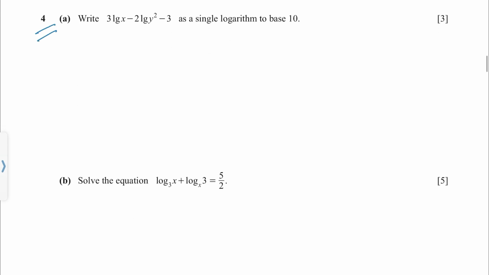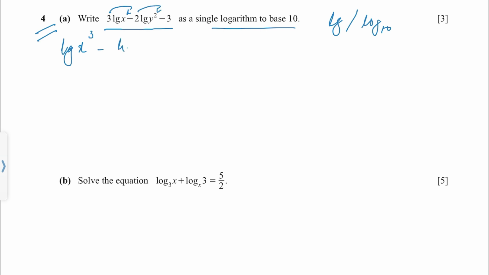Now moving on to the next question, that is question 433, lgx minus 2lgy square. Writing this as a single logarithm to base 10, that is lg or log base 10. As the power law suggests, this would go on the power of x, this would give us lgx cube, this would go on power of y, this would give us lgy powered 4, and this 3 would be changed in lg.